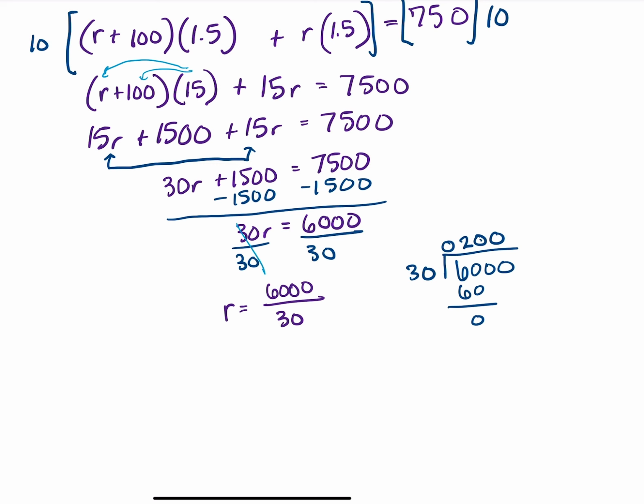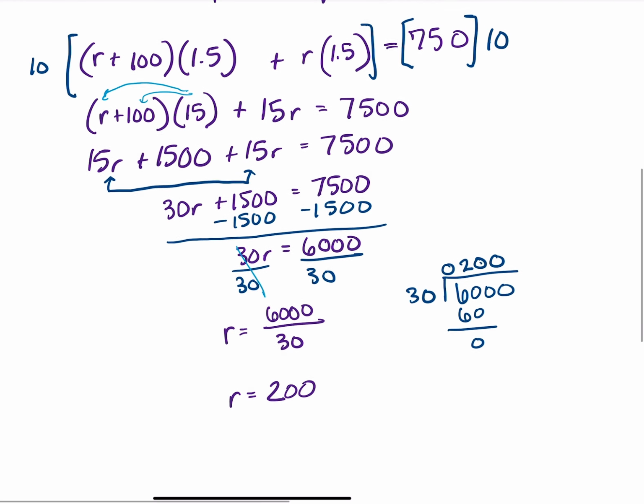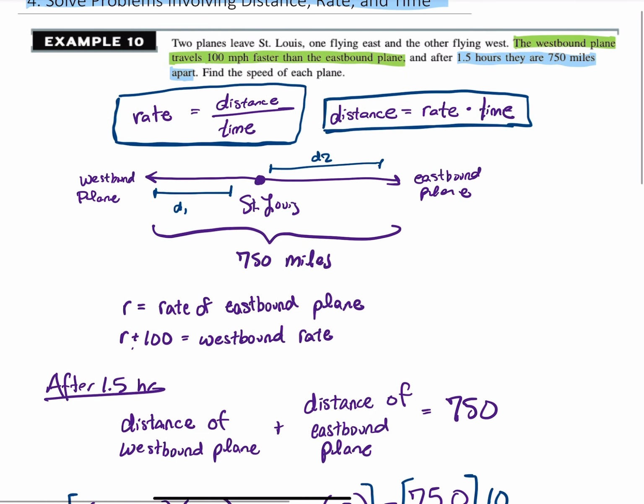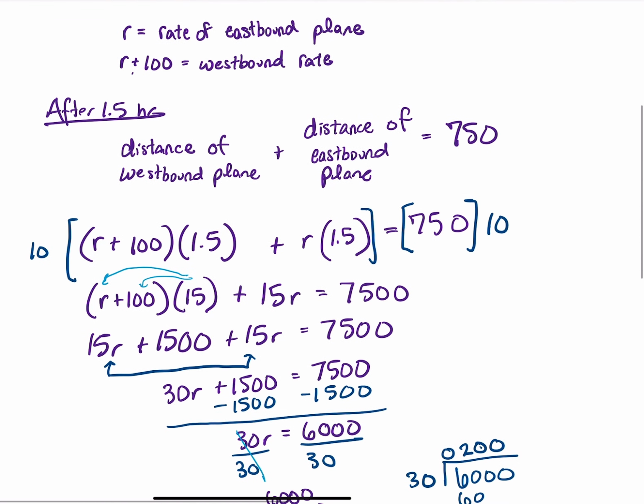So 30 times 200 should give us 6,000. That means that r is equal to 200. So 200 probably miles per hour, right? Yeah, miles per hour was our unit. Which one were we talking about? r was the rate of the eastbound plane. And the westbound plane is going 100 miles per hour faster than that.